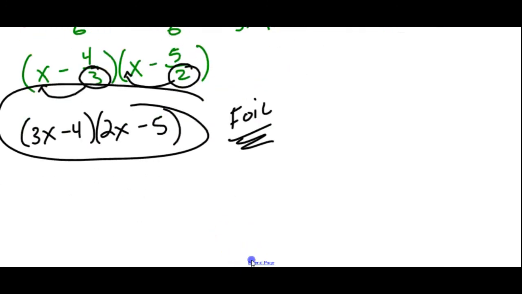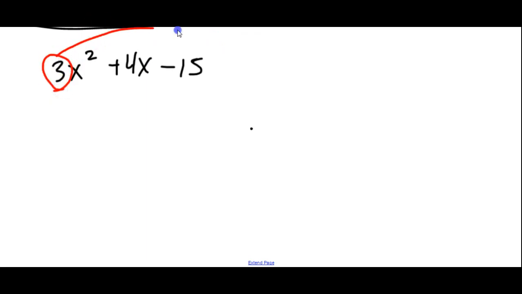Alright, next problem. Next problem is 3x squared plus 4x minus 15. Alright, so here, again, check to see if we can factor out something. In this case, 3, 4, 15, nothing in common, right? So we take the leading coefficient 3, multiply it to the back, alright?